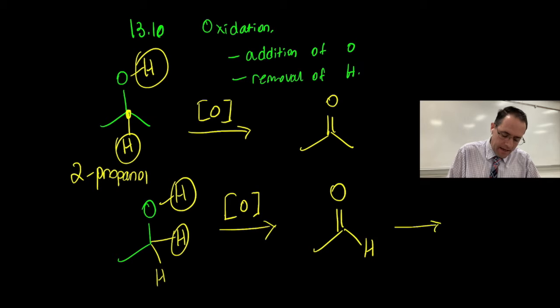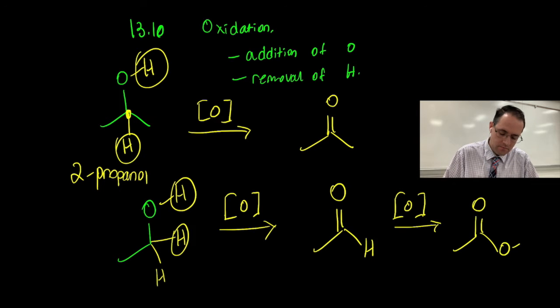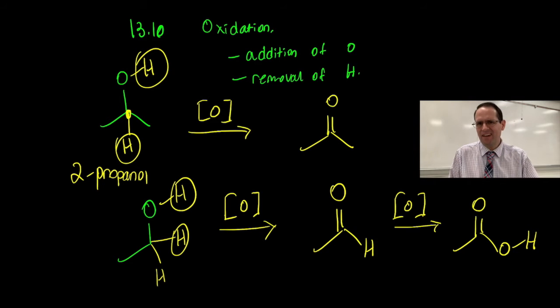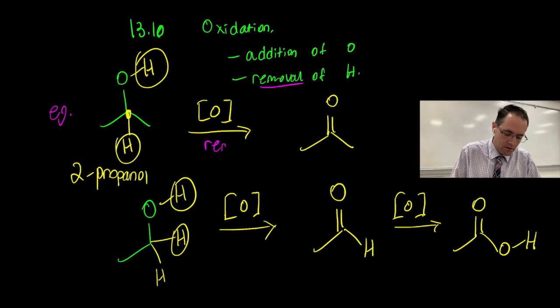Aldehydes can be further oxidized to form carboxylic acids. So let's analyze carefully what's going on here. In this first example, we are removing hydrogen, so that's called an oxidation.